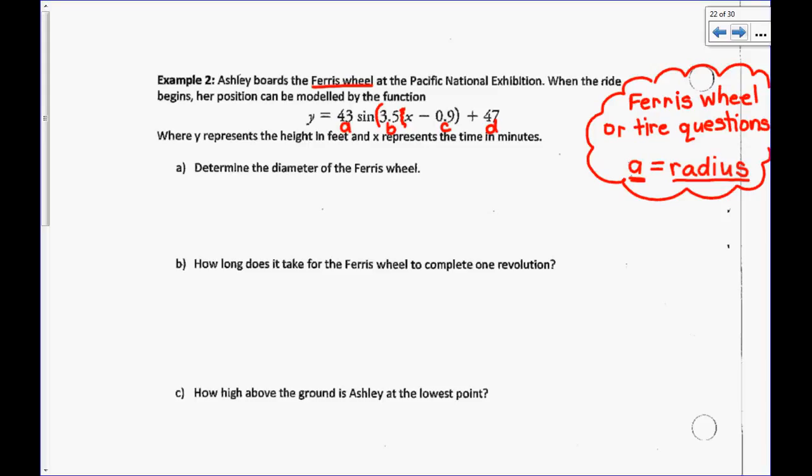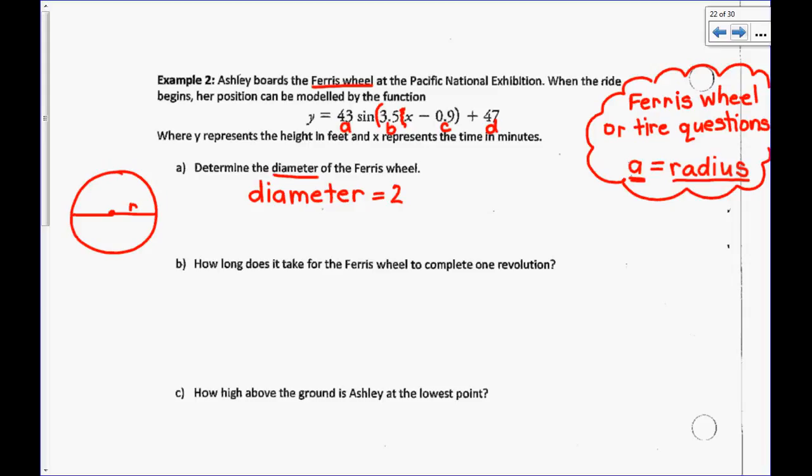First of all, if A is our radius, then what would be our diameter? Because it says determine the diameter of the Ferris wheel. Diameter is the full distance across a circle, right? So if this is my Ferris wheel and my amplitude is the radius, then diameter is going to be 2 times that, because you have to go all the way across. It's 2 radiuses.